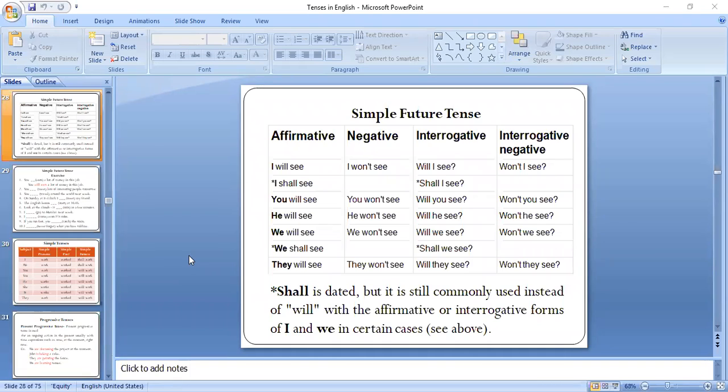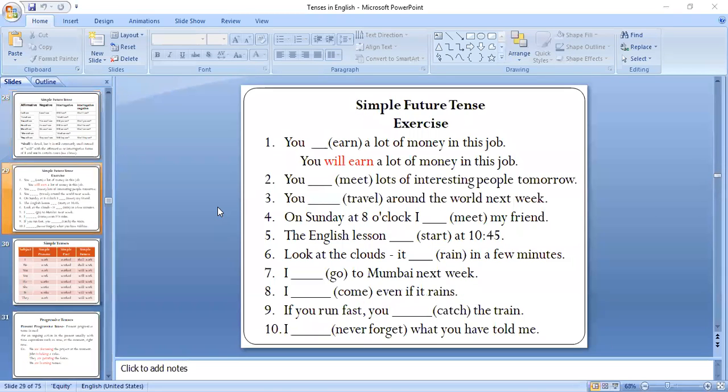I think you have written this chart in your notebook. So we will proceed then. The next that we are going to see is the exercise. Okay. So let's see the exercise on the simple future tense. Okay.